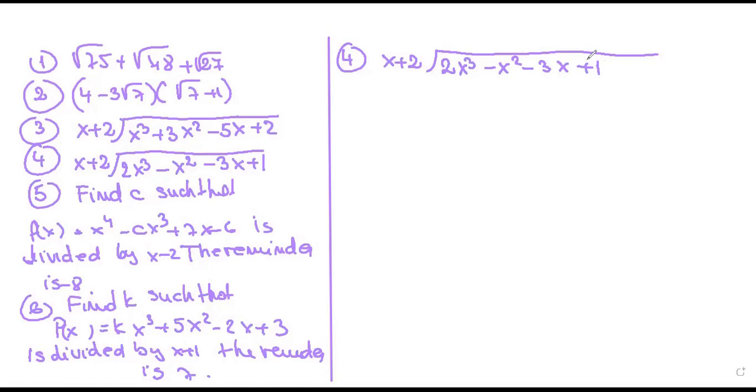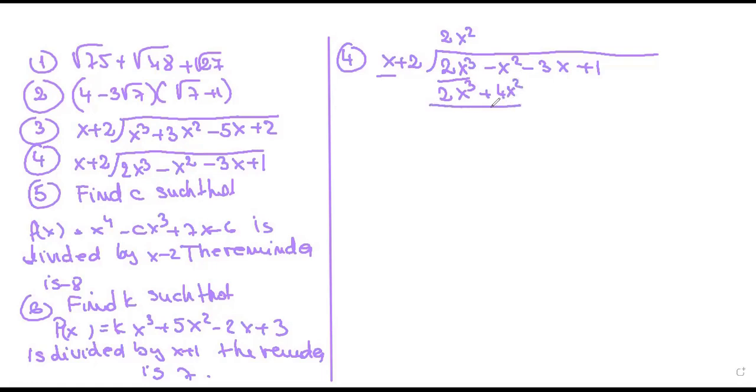So 2x to the power of 3 divided by x is 2x squared. 2x squared times x is 2x to the power of 3. 2x squared times 2 is plus 4x squared.